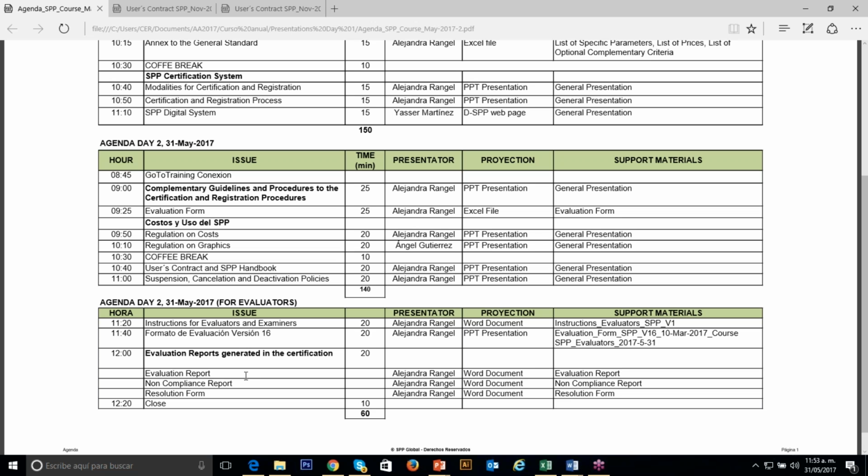I just have to send you these forms, and the instructions for evaluators. The evaluation form is the same one we are reviewing at this moment according to the agenda at 9:25. It is written as evaluation form, but it is the same.